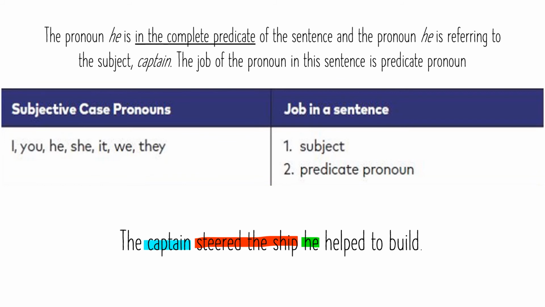So we know that the job of the pronoun in this sentence is as a predicate pronoun. We know from our chart that a predicate pronoun should be I, you, he, she, it, we, or they. They have used the correct form, he. We know that the pronoun in this sentence is correct.